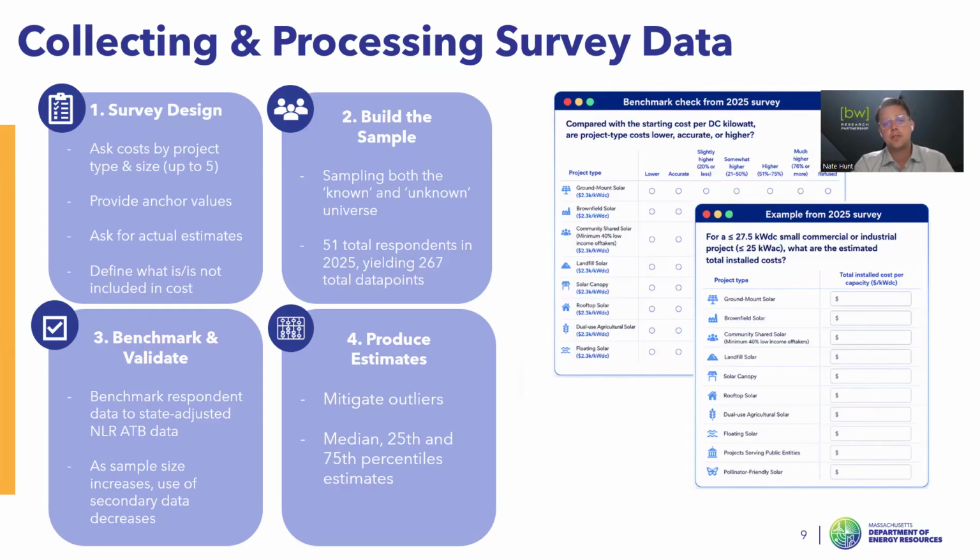And the unknown universe is typically developed through third-party data providers who can use industry codes to identify firms that are likely involved in solar project development or installation. And we have quality screeners in place to ensure that only the types of respondents that would really know this information are actually filling out the survey.